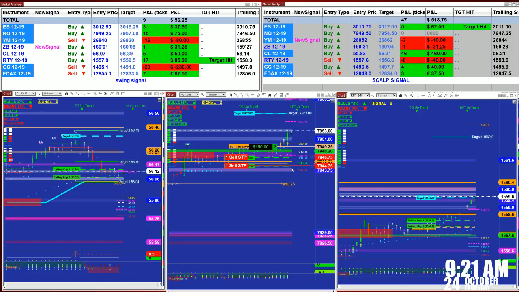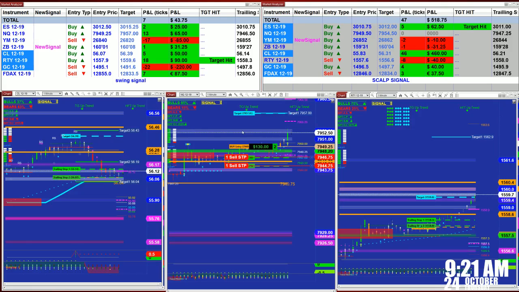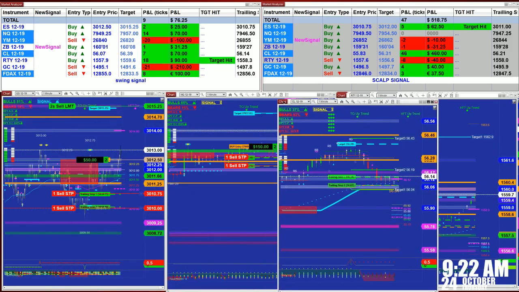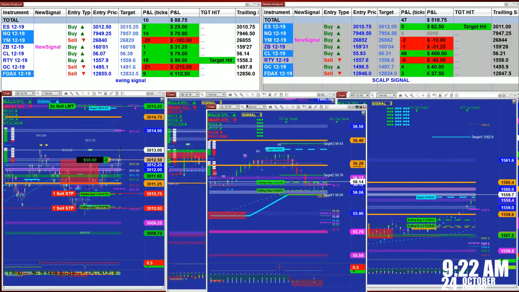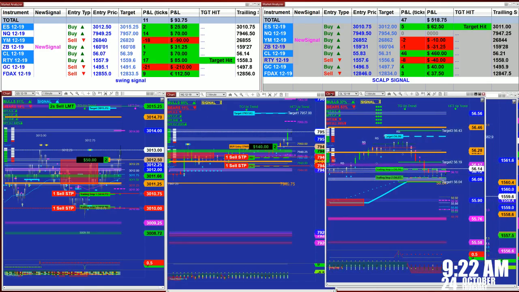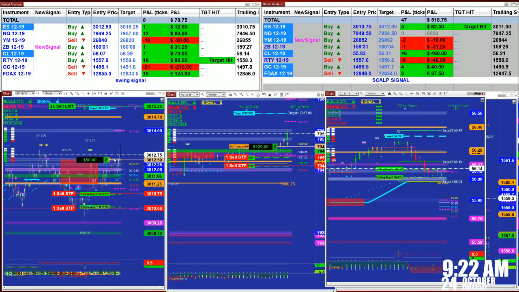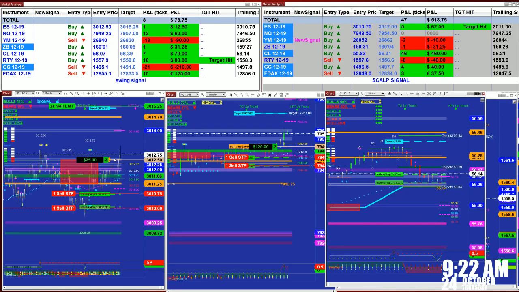Done. And as we see, the Nasdaq is struggling on the second resistance line. And if we are breaking it, we are going straight to the target. For the CL, we have heavy support areas below the 3012, extreme heavy support area.